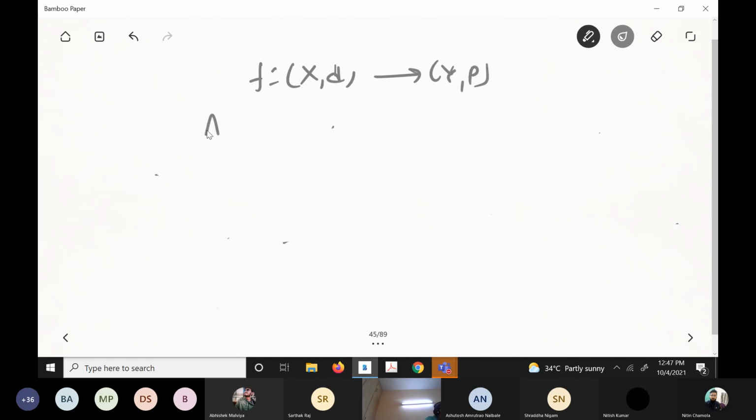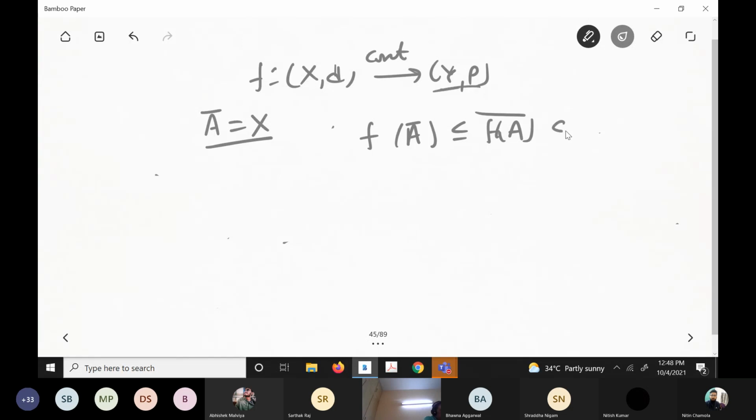Now suppose A is dense in X, and suppose you are given that F is continuous. Then by this, F of A bar is contained in the closure of Fa. But obviously everything here you are working inside Y. Since A bar equals X, Fx is contained in the closure of Fa.